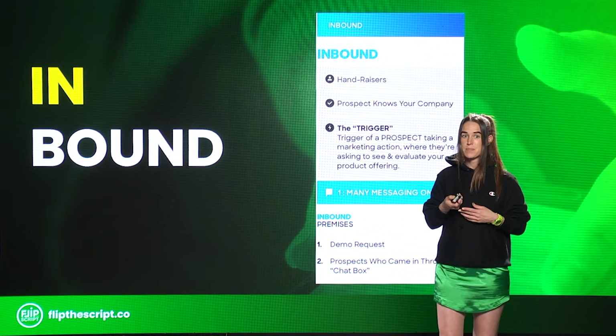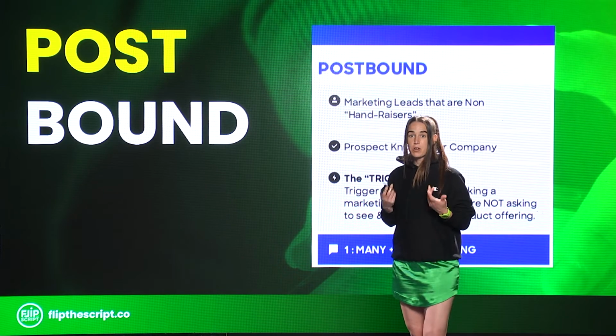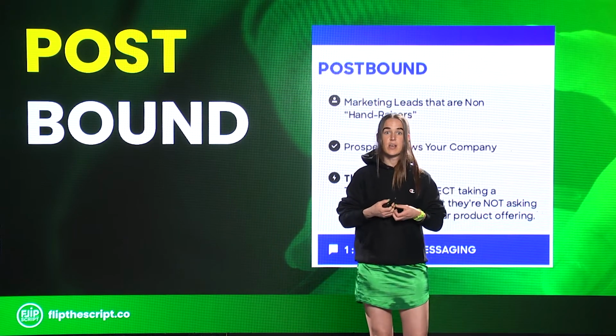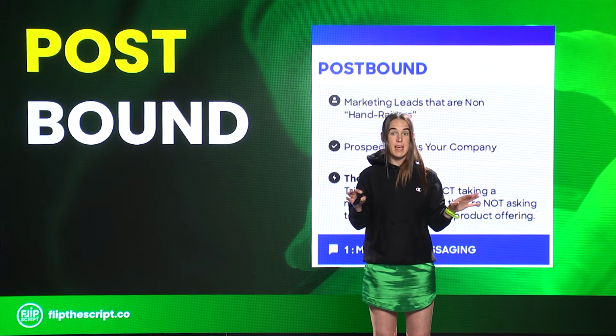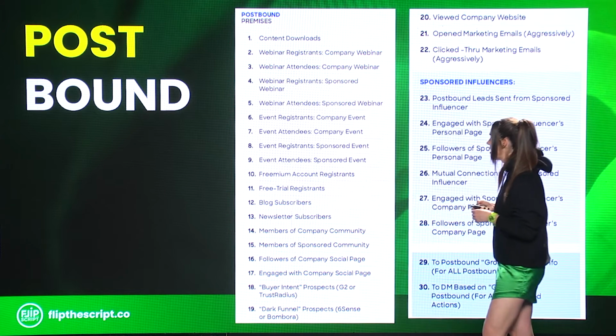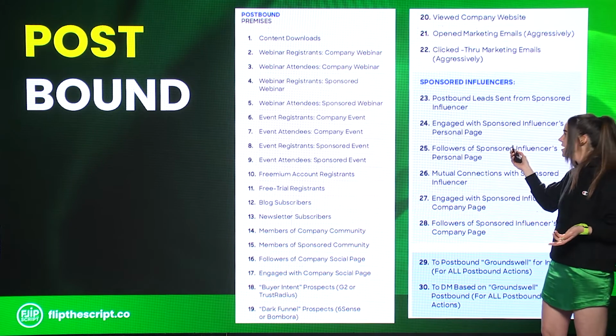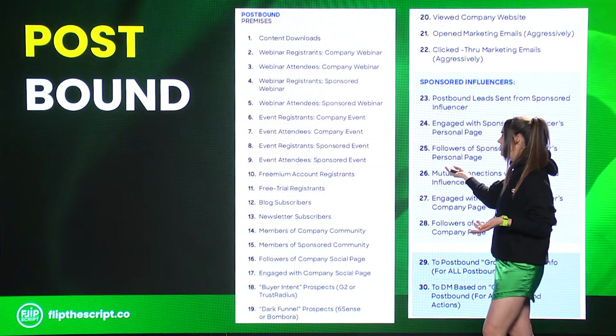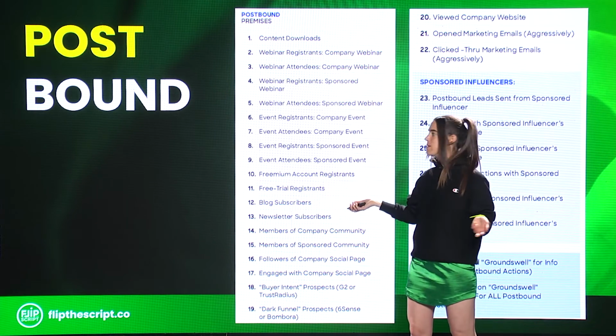The second type of trigger-based relevance is essentially what I would call postbound. This is where your prospect took some type of marketing action, but the marketing action was not becoming a hand raiser. There's a number of different plays in here. This is one of the longest categories: they downloaded content, they attended a webinar, they downloaded a free trial or a freemium account.